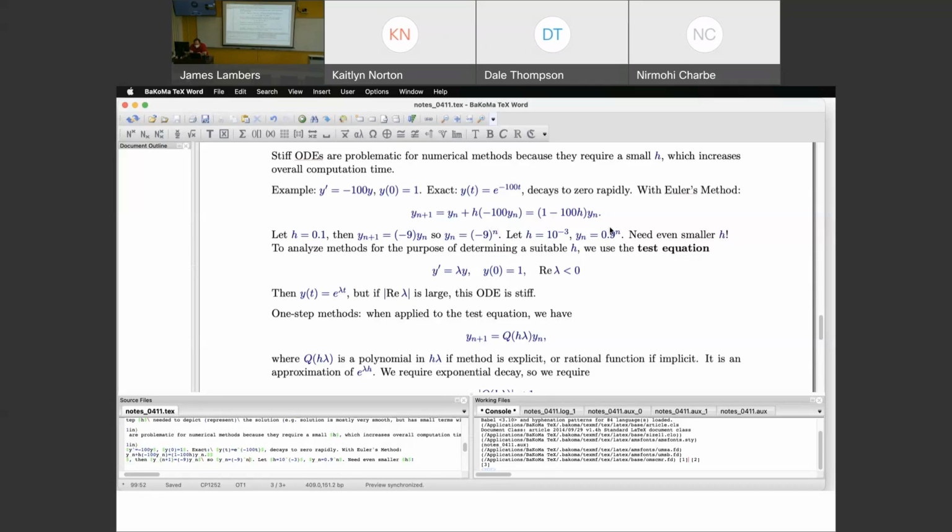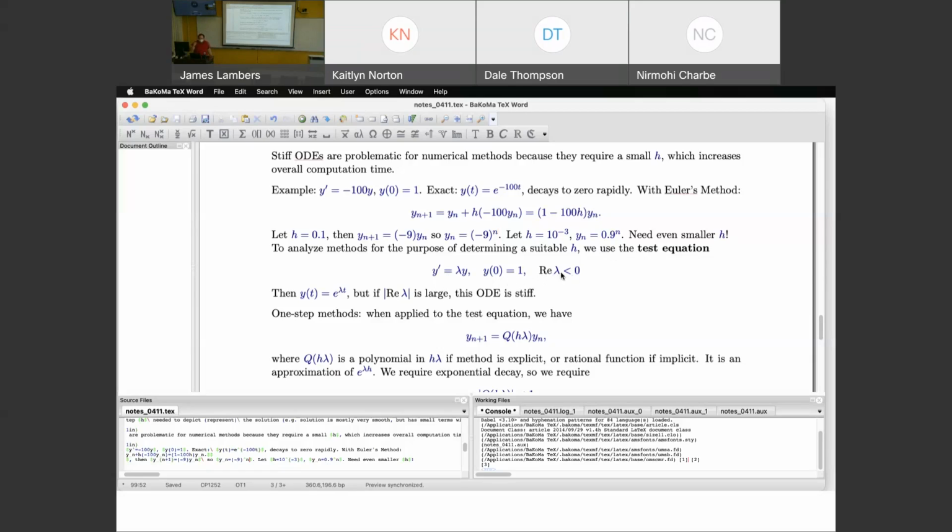To get an idea as to what a reasonable h would be to ensure correct qualitative behavior of a solution, instead of using y prime equals 0, like for zero stability, we use another simple ODE called the test equation. y prime equals a constant times y, and we assume that the constant lambda is a complex number with negative real part, so that the solution is supposed to decay to 0 as t increases.